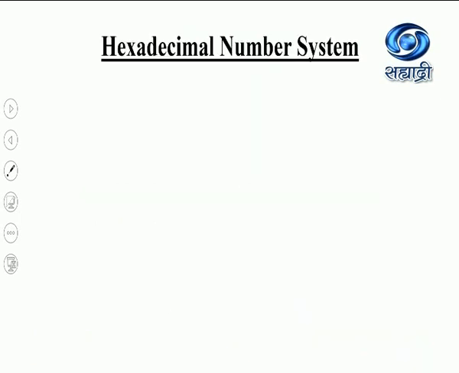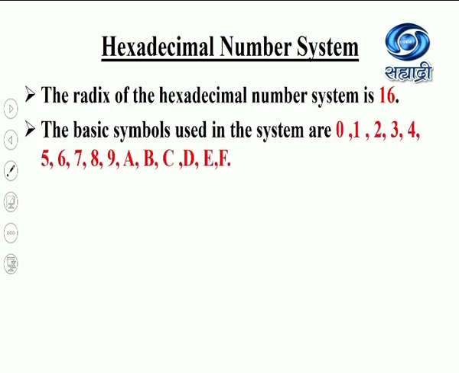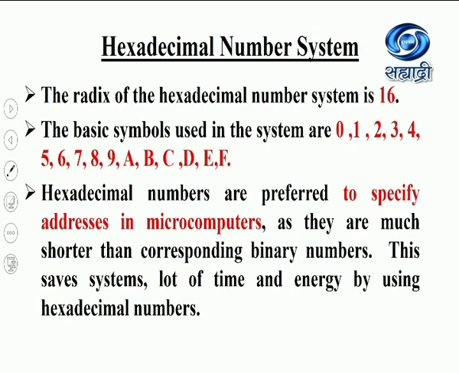Hexadecimal number system. The radix of the hexadecimal number system is 16. The basic symbols used in the system are 0, 1, 2, 3, 4, 5, 6, 7, 8, 9, A, B, C, D, E, F. Hexadecimal numbers are preferred to specify addresses in microcomputers as they are much shorter than the corresponding binary numbers.